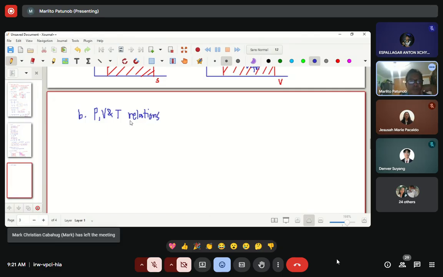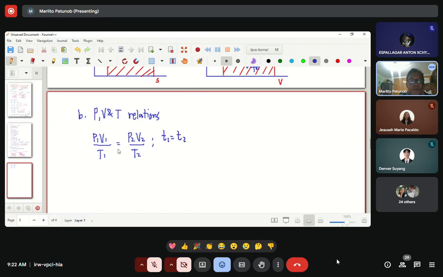Okay. From the ideal gas law, the combined law of Charles and Boyle, we have P1V1/T1 = P2V2/T2. Since T1 is equal to T2, it cancels out.